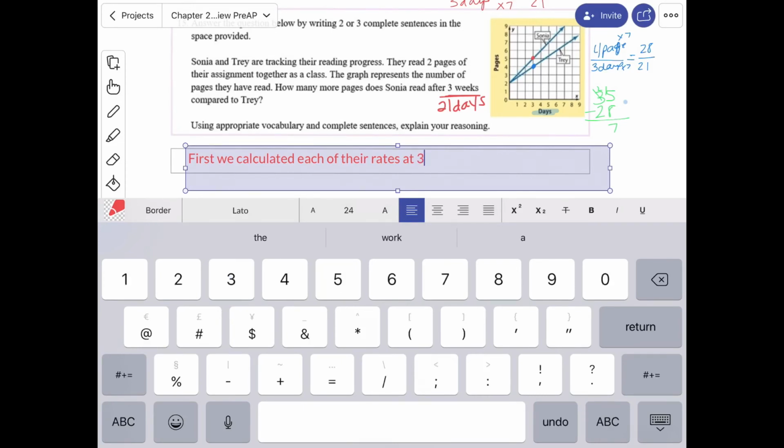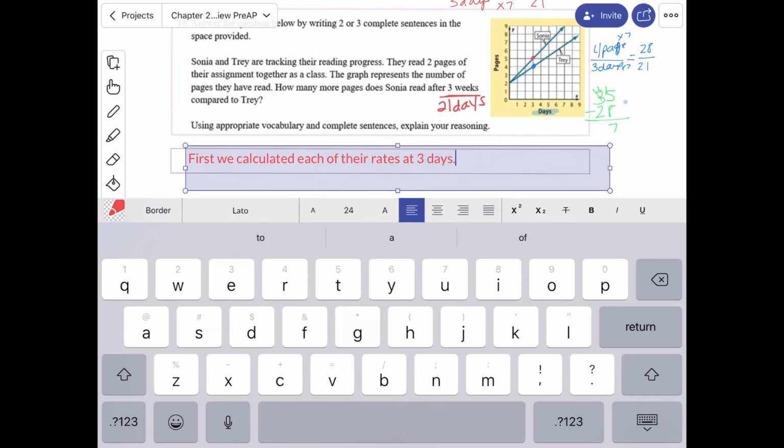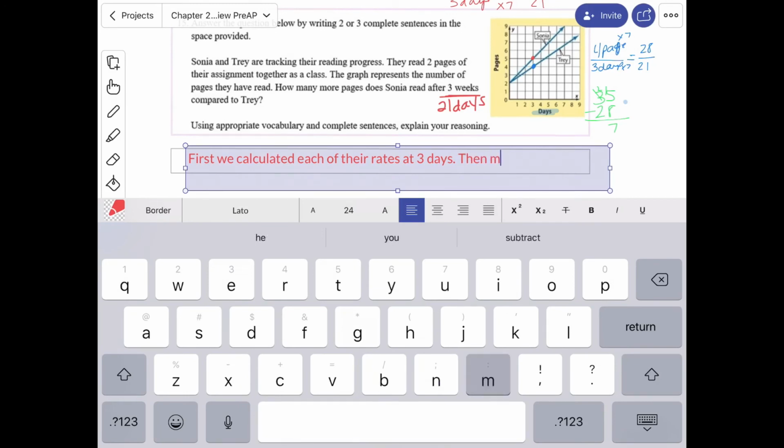We could even say we calculated their rates at 3 days, then multiplied by 7 to find the number of pages at 3 weeks.